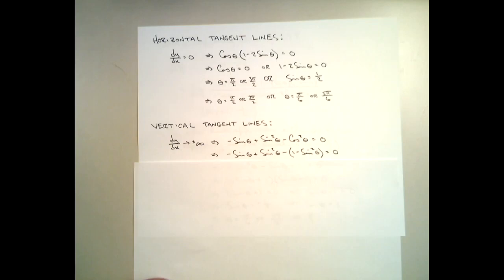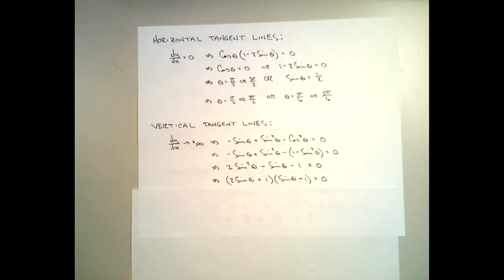And so if I simplify this a little bit, gather my sine squared terms together, my sine terms, my constants, then I have what looks like a quadratic equation in terms of the variable sine theta, right? So I'm thinking of a substitution here. Let's let u be sine theta, and then this becomes a quadratic equation.